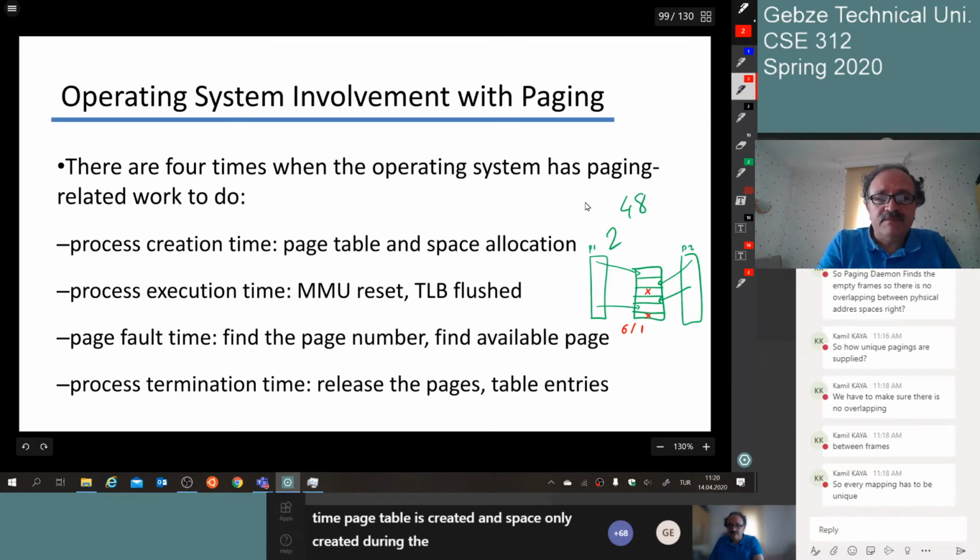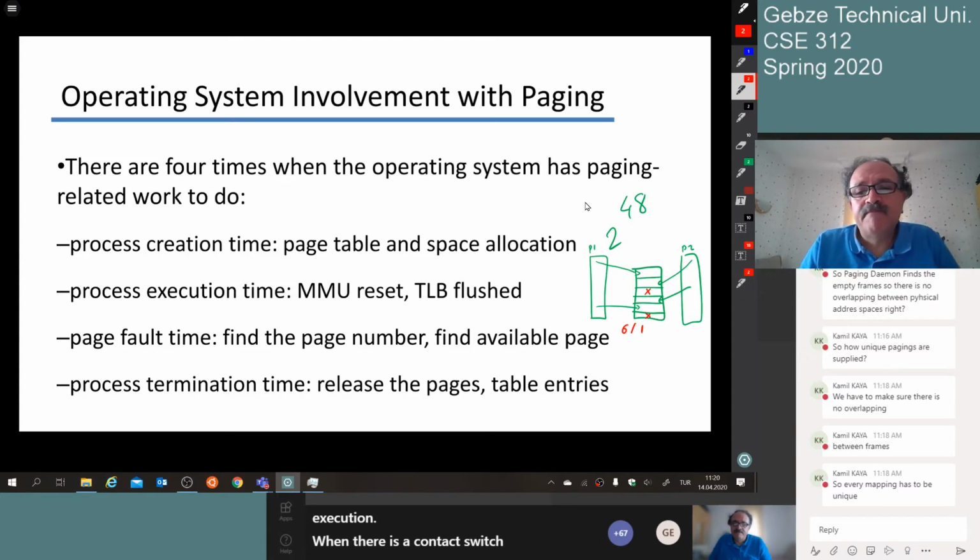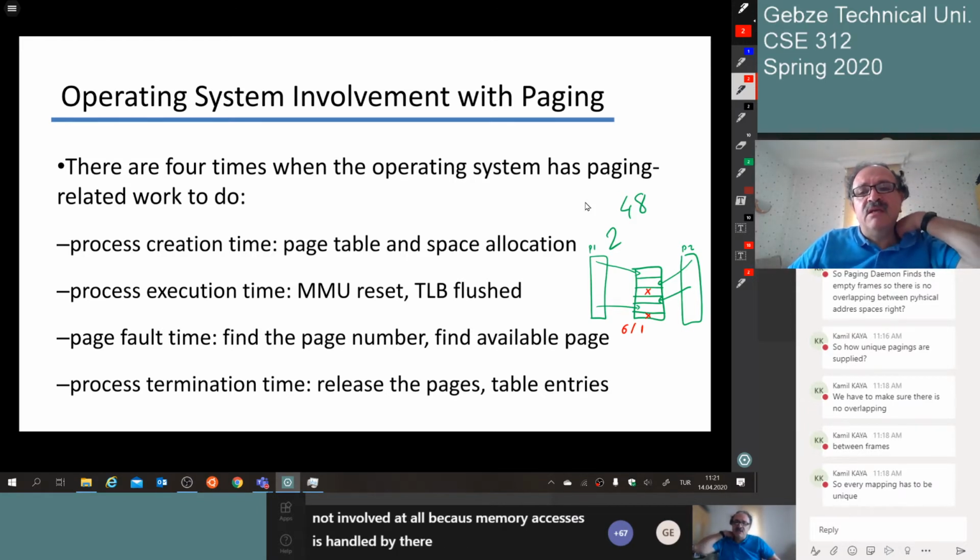During the execution, when I access my memory, when the CPU says I am going to write this value to this memory location, the operating system is not involved at all, because memory access is handled by the memory management unit. The MMU makes the address translation from the virtual address to the physical address. Every time I make a memory reference or modification, the MMU handles that address translation and changing the reference bit, the modified bit, etc.